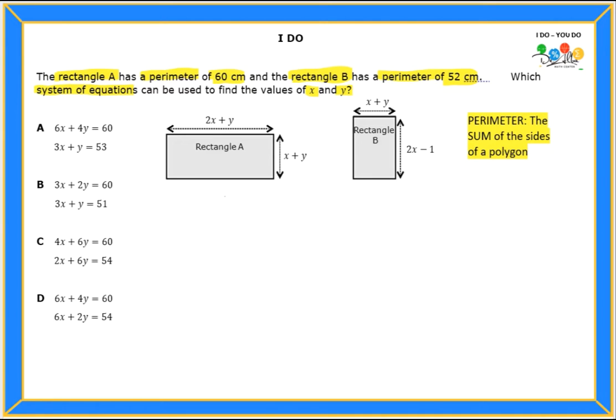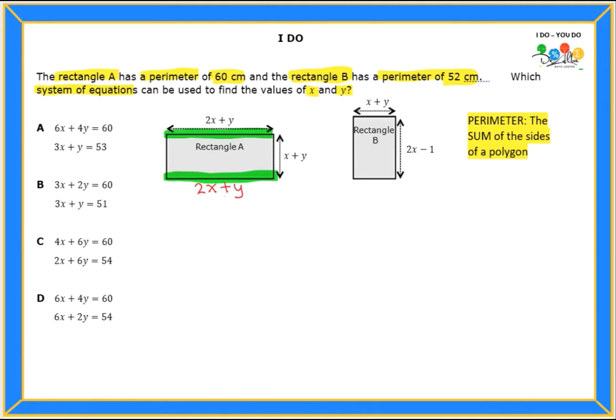So let's look at the first rectangle. I see a length for my rectangle, which is the expression 2x plus y, and I know the opposite side needs to be exactly the same because in a rectangle, opposite sides are congruent and parallel. So I am going to write down 2x plus y because I know they're congruent.